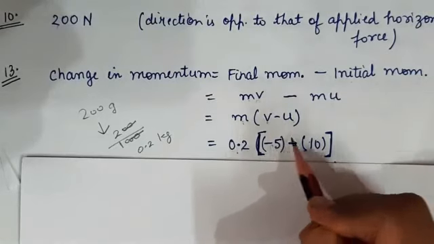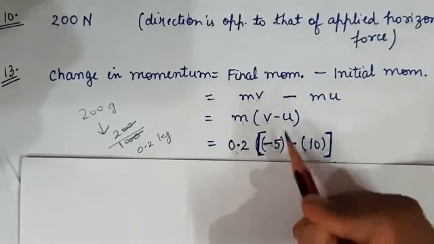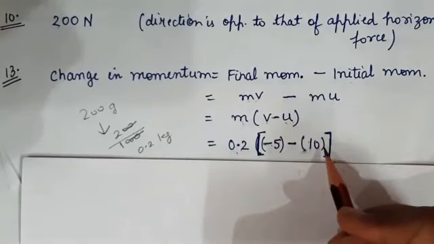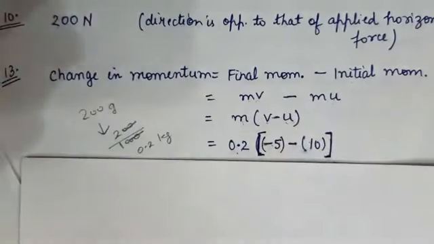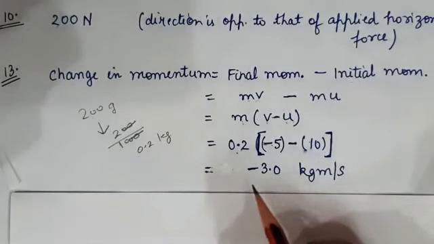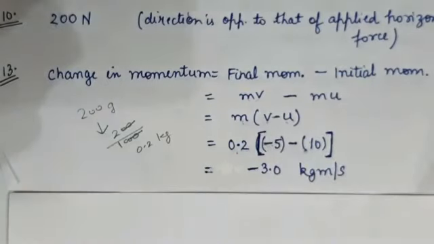Because it is returning back. The direction is opposite, that's why we have taken minus. So minus 5, then minus initial velocity, which is given to you, that is 10. So just solve this. You will get your answer, that is minus 3 kg meter per second. So this is question number 13.